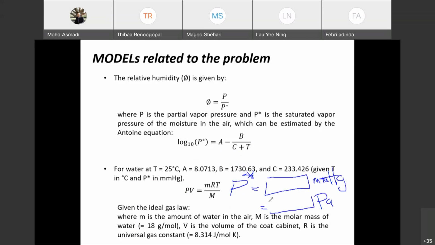Usually you're familiar with Pascal, right? So you can convert to Pascal. So when you determine this P, you substitute into this one. Is it 23.69? Yes, 23.69. Can you convert to Pascal?